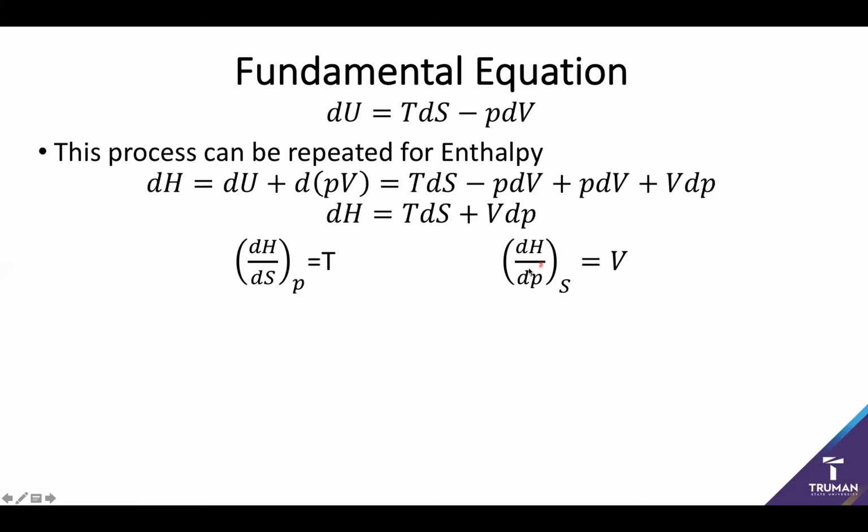Similarly, as I increase the pressure of the system isentropically, I'm going to see an increase in the enthalpy of the system, as volume will always have to maintain a positive value. And again, the more volume the system occupies, the more the enthalpy will increase, with an equivalent increase in pressure.